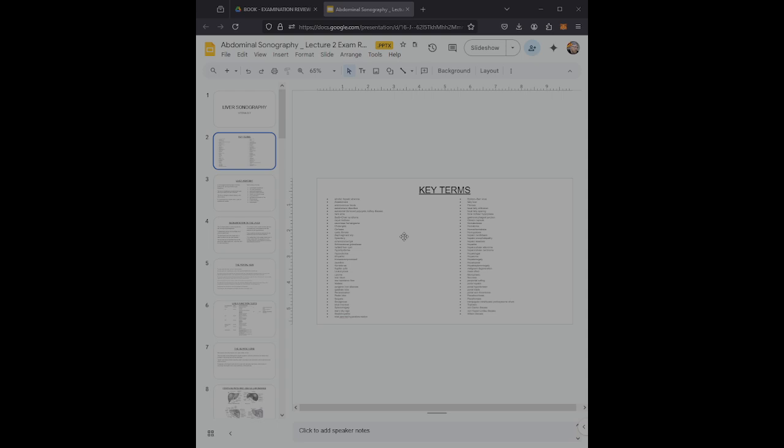Anastomosis, this is a surgical connection between two structures. Arteriovenous fistula, it's an abnormal passageway between an artery and a vein. Autoimmune disorders, these are disorders in which the body's immune system attacks and destroys healthy tissue.